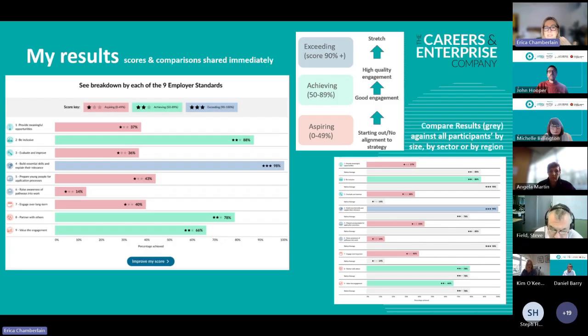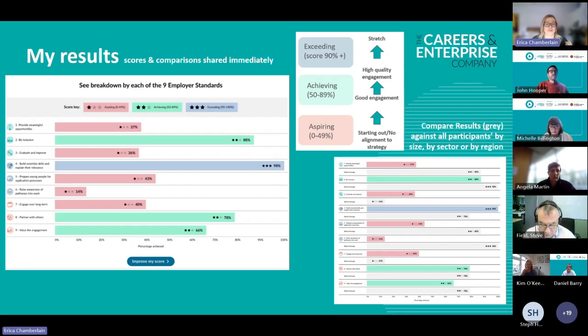And so it gives you all of this so that you can get a bit of a measure of the quality of your engagement. In terms of those scores, what we would like to see at CEC is that we get all employers to achieving. It's quite a wide range, from about 50 to 89%. That's where we'd hope all employers get. Aspiring probably means you're just starting out, or perhaps you haven't prioritised that yet.